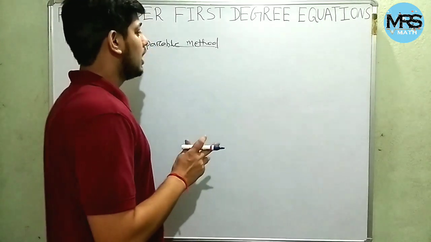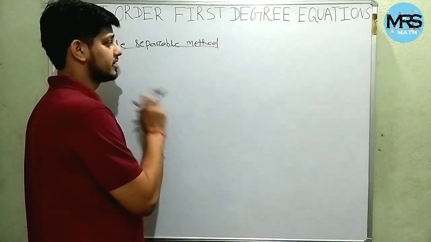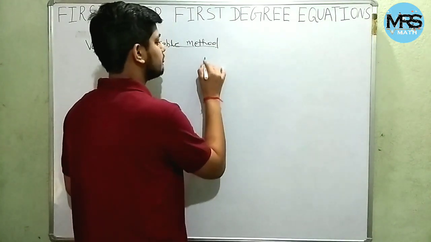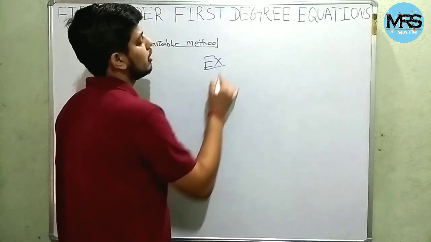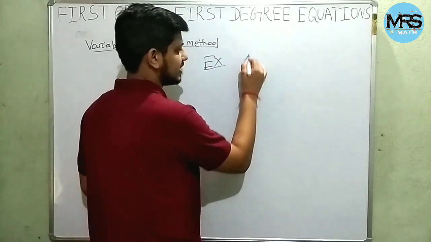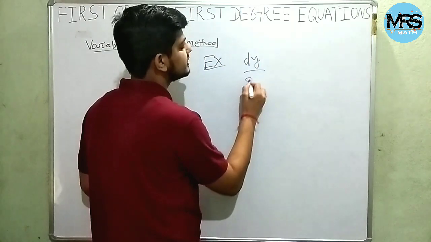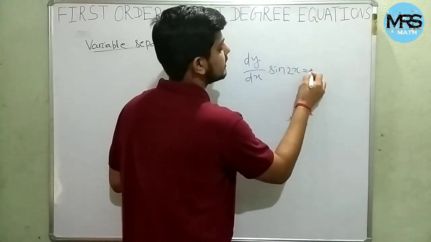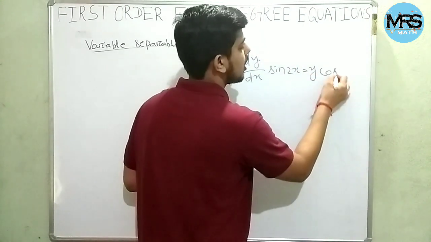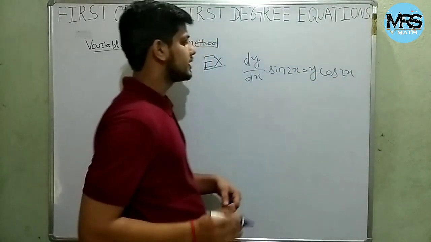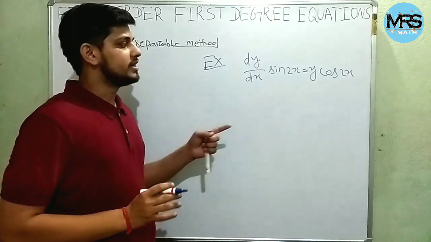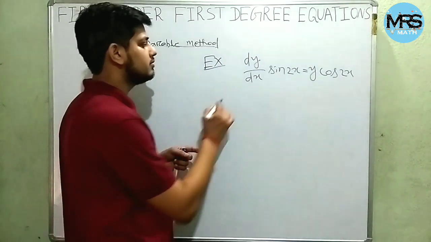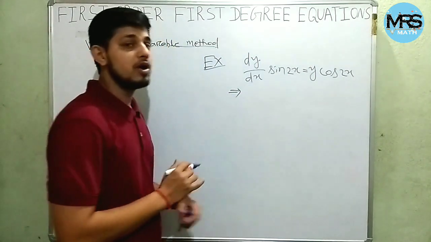Let us verify this method by taking one example. Let the first order and first degree differential equation be dy by dx sin 2x equal to y cos 2x. What is our first job? That is separation of variables.